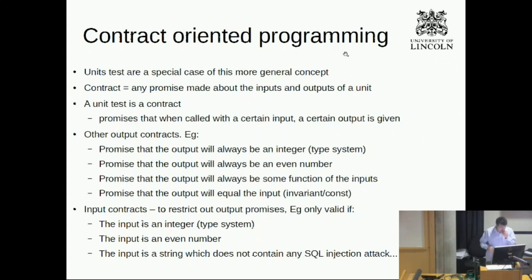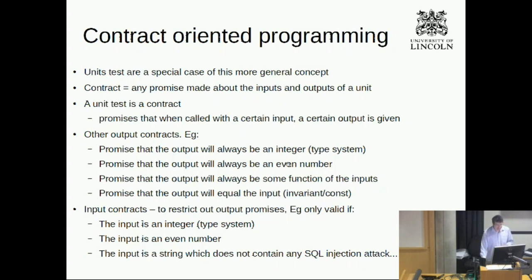Okay, so let's consider a unit test as a special case of this more general contract-oriented idea. A contract just means any promise you're making about the interfaces, the boundaries of your code. You're going to promise some property of the inputs and the outputs and the relations between them. So a unit test is one particular form of a contract, okay?